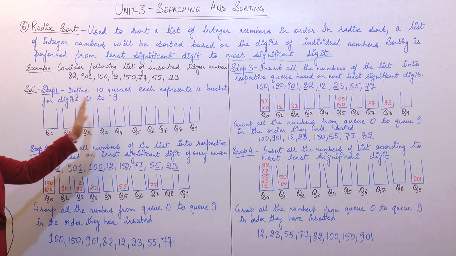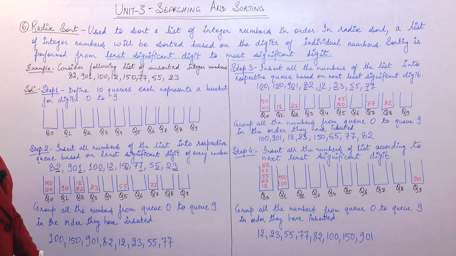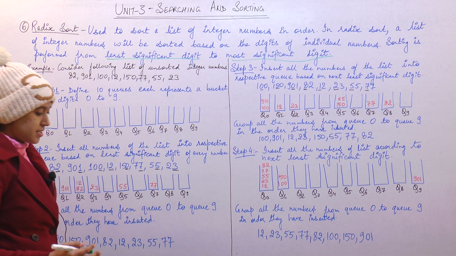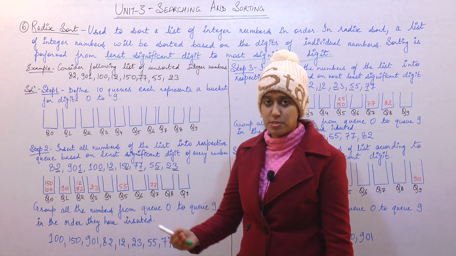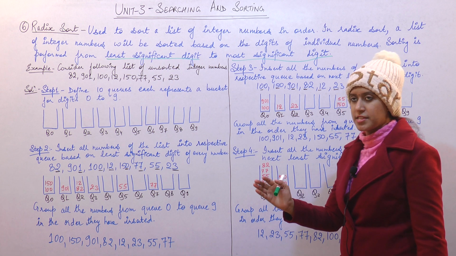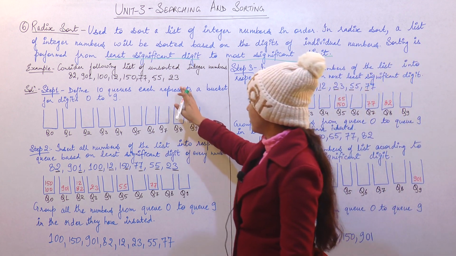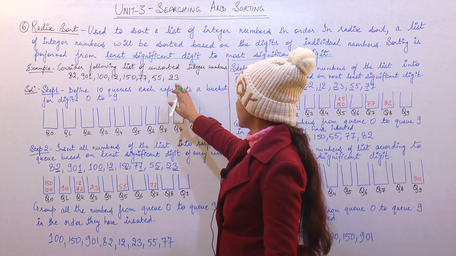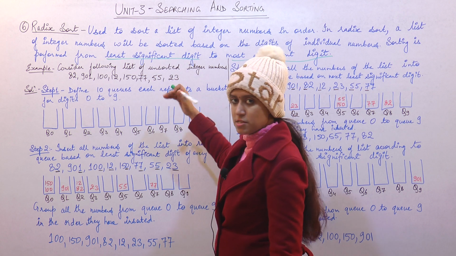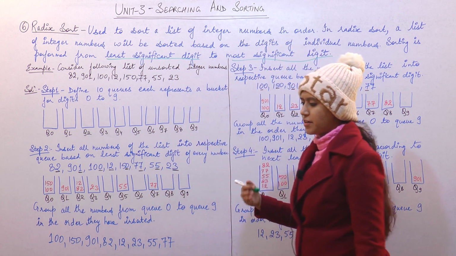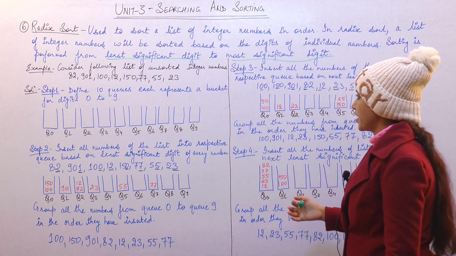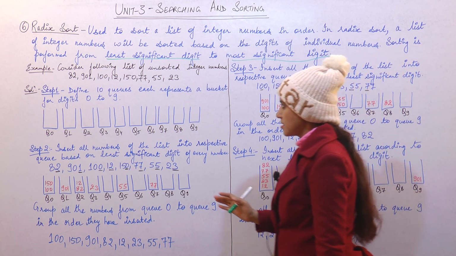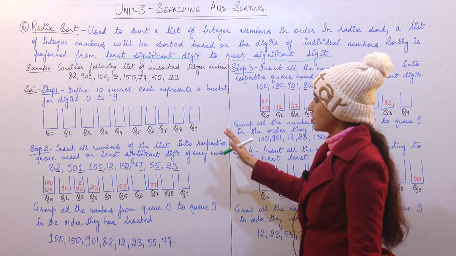We will sort all these numbers according to the digits at the ones place, then the tens place, then the hundreds place. We will start with the least significant digit, that is the digits at the ones place, and then move towards the most significant digit, inserting the numbers according to the digits.